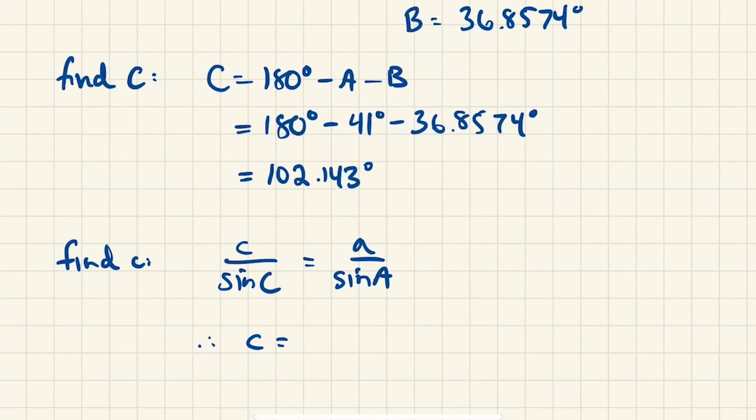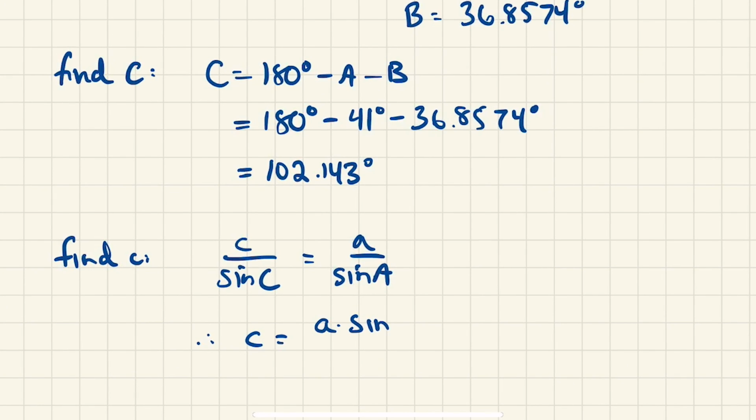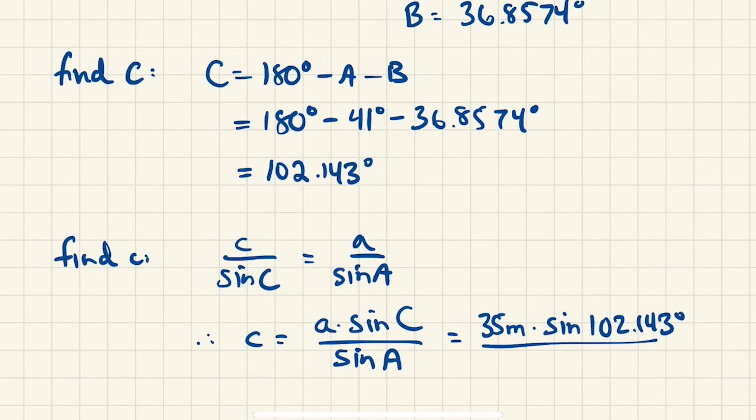So little c is A times sine of big C over sine of big A. So little c is 35 meters times sine of big C, which is 102.143 degrees, all divided by sine of big A, which is 41 degrees.